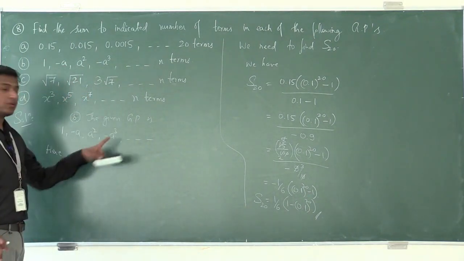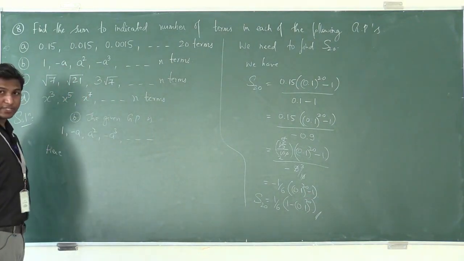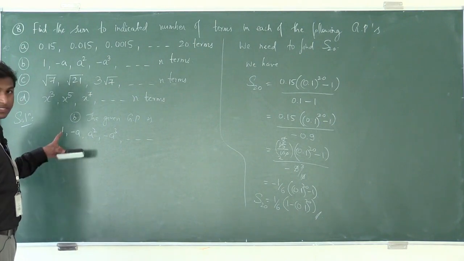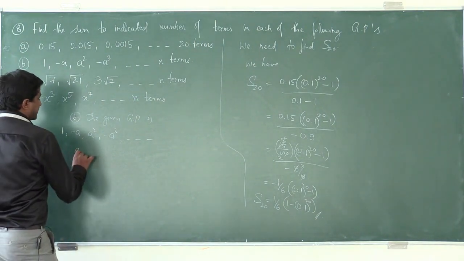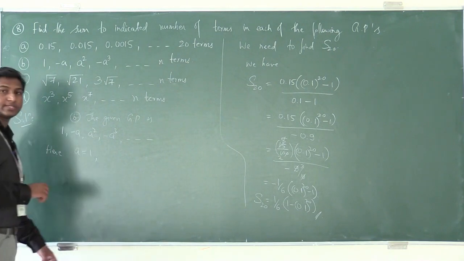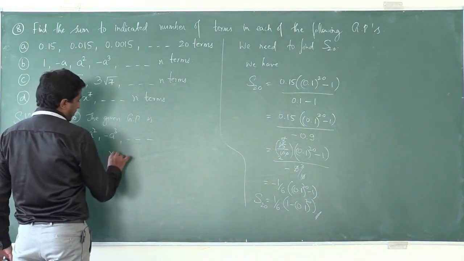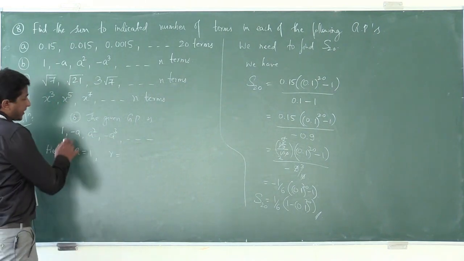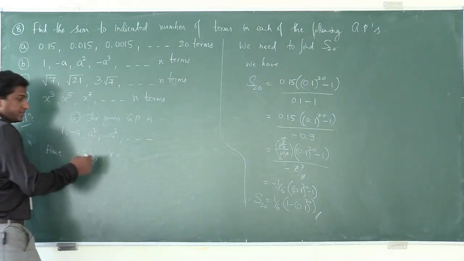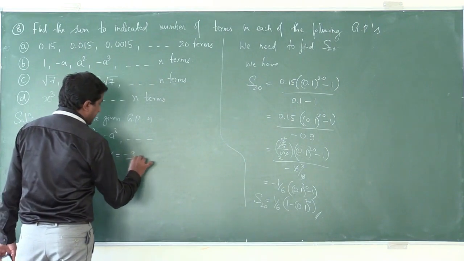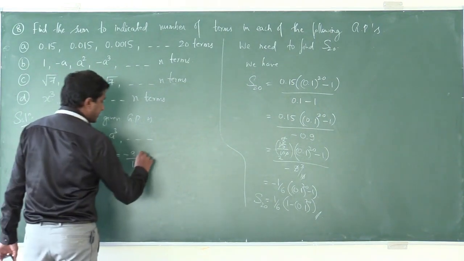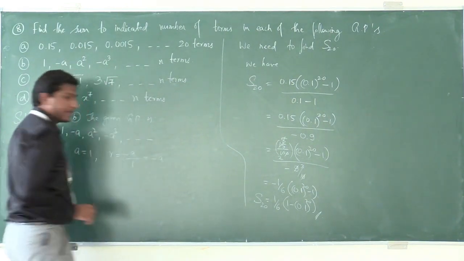Now look at this GP. What is the first term? It is 1. So small a value is 1. Then common ratio small r: second term divided by first term, that is minus a by 1, which is minus a.